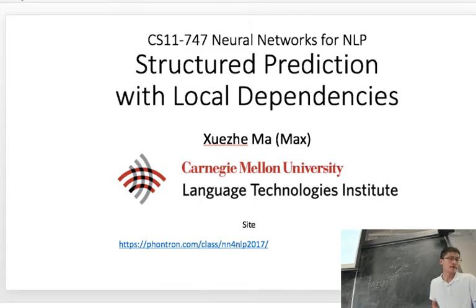In the middle of the dynamic programming algorithm, we need to enumerate all possible POS tags that the previous sequence ends with, and then the score of the current state is the summation of the score of the previous state plus the score of the current time step. Here, the log-sum-exp function is defined as: we first take the exponential of x and y, add them together, and take the log.